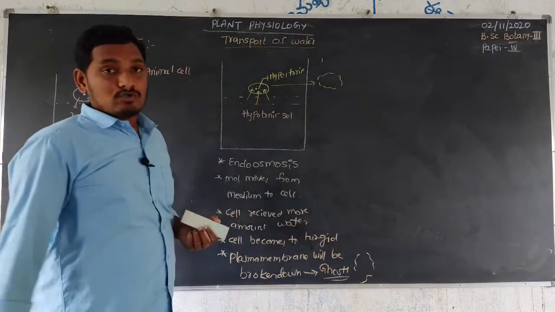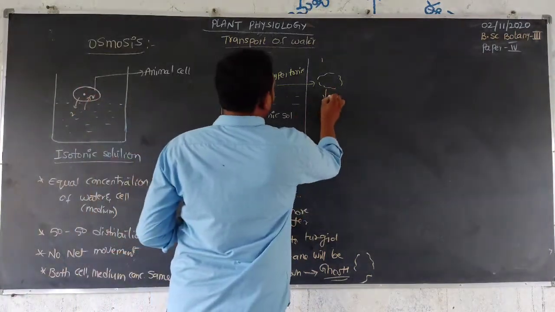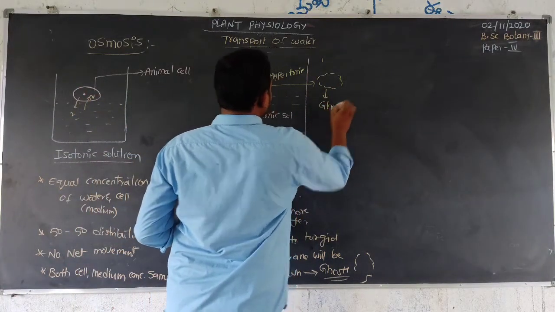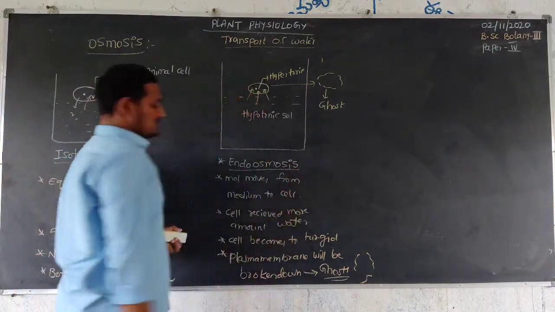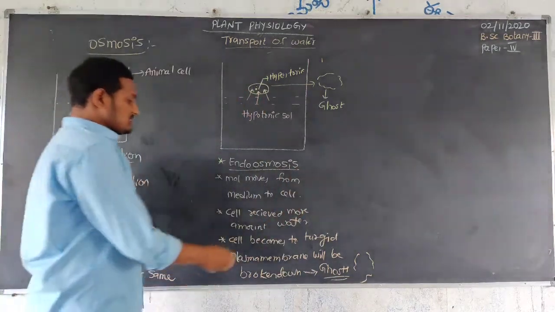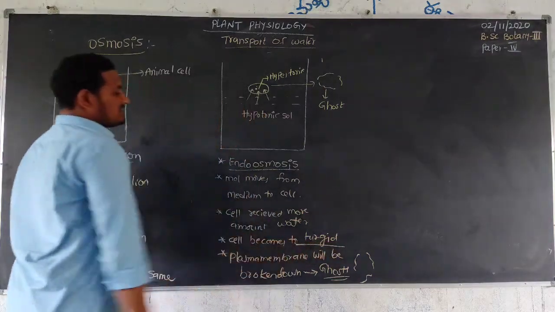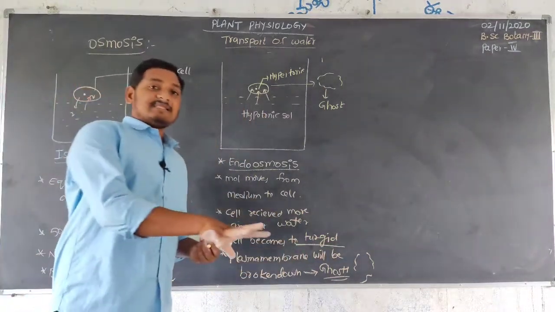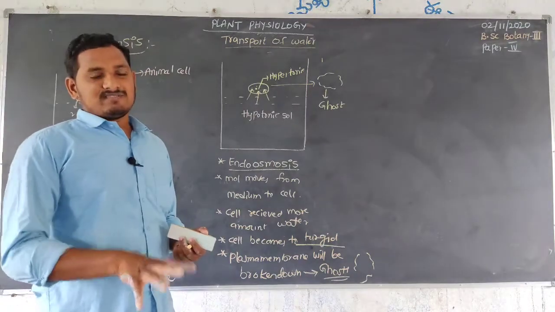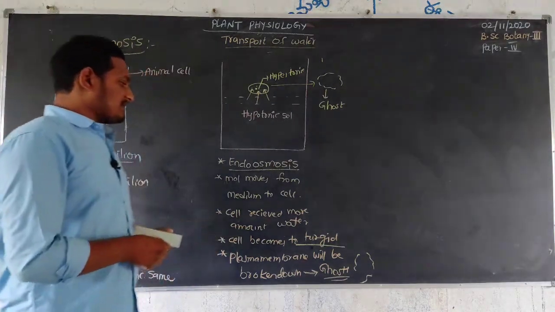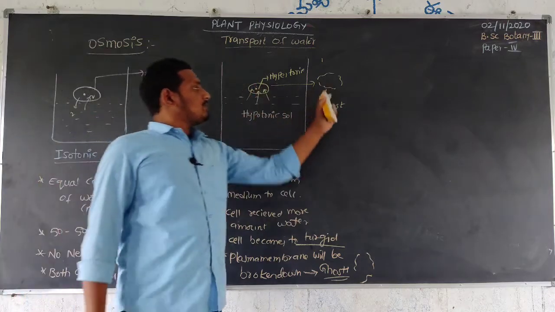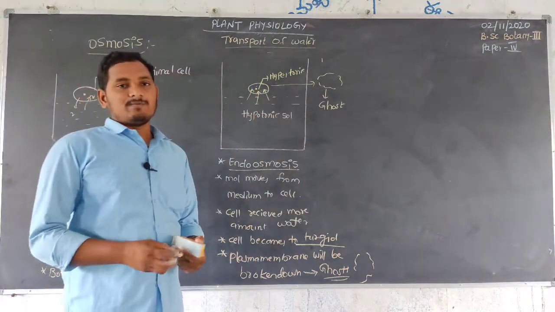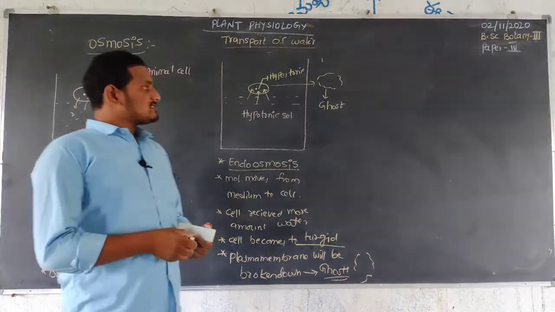They are called ghosts. Due to the process of endoosmosis, the cell becomes turgid, which means the cell receives more water, and the cell membrane breaks down into pieces, that is ghosts.